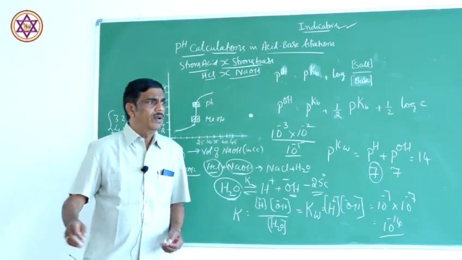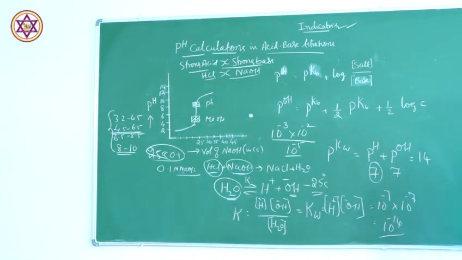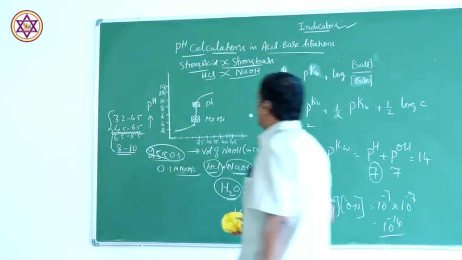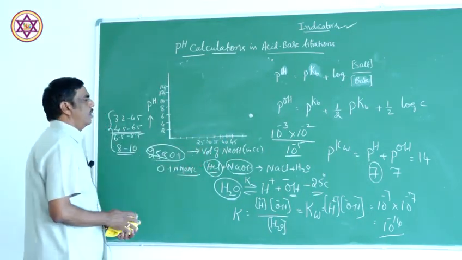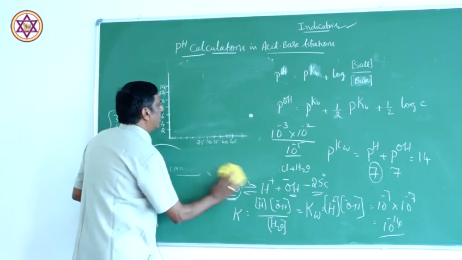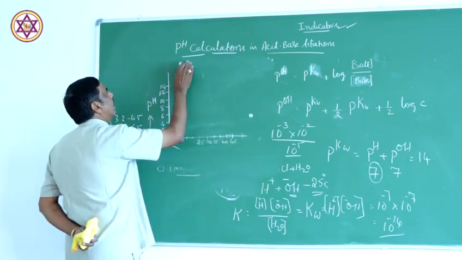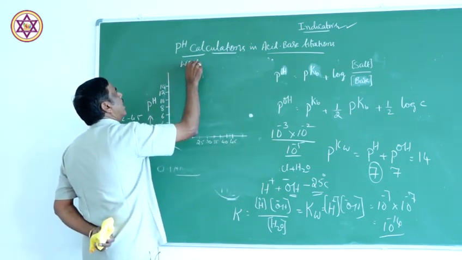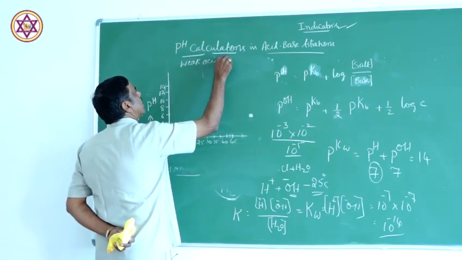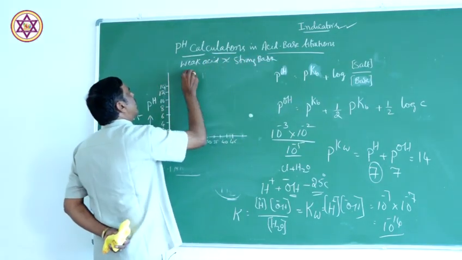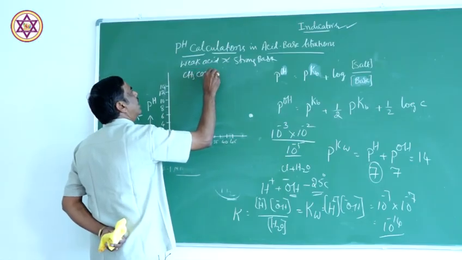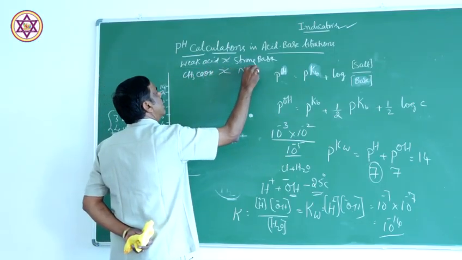But in case of weak acid, strong base titration, the nature of the curve is different. For example, acetic acid versus NaOH solution.